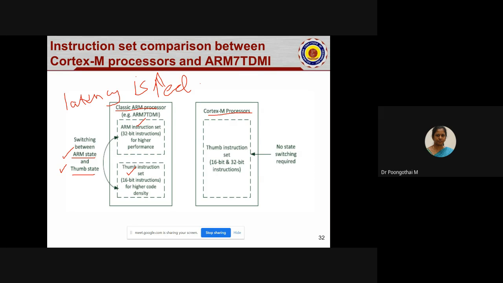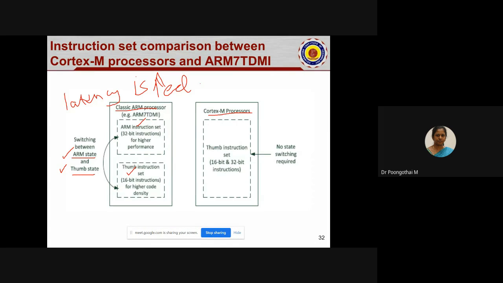So we have two states in the ARM7 or ARM9 processor, and these two processors are called classical ARM processors. During the ARM state, the processor will execute only 32-bit instructions. In Thumb state, it will execute only 16-bit instructions.